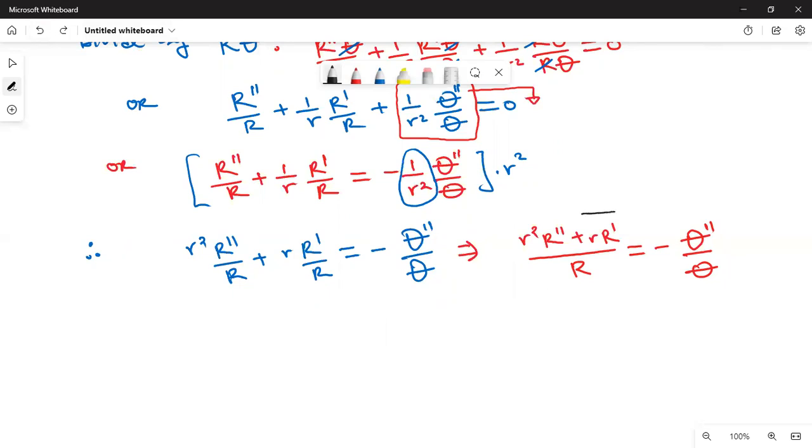Look at the left-hand side. This left-hand side is simply a function of the small r, so this is a function of r only. What about the right-hand side?